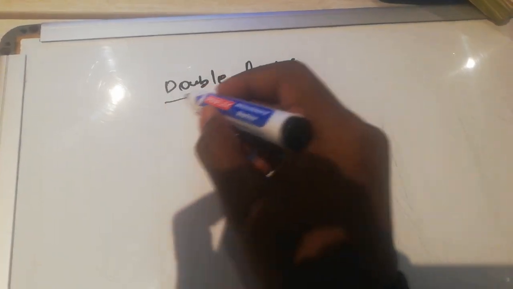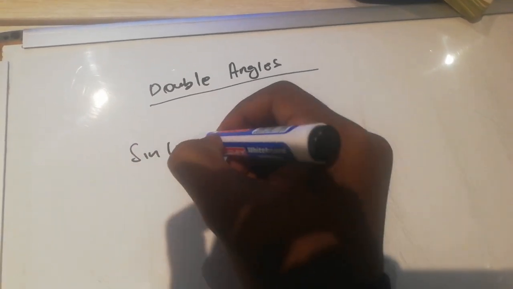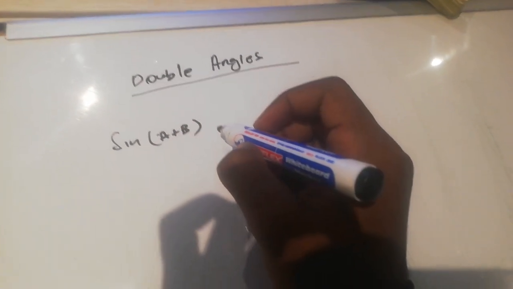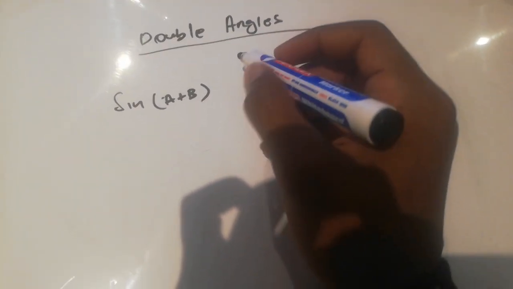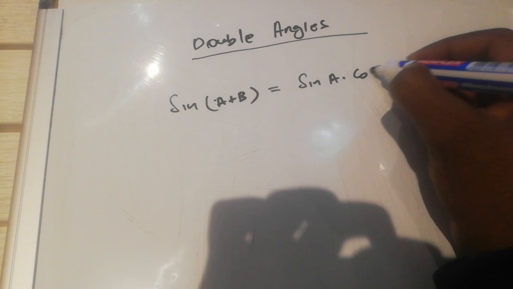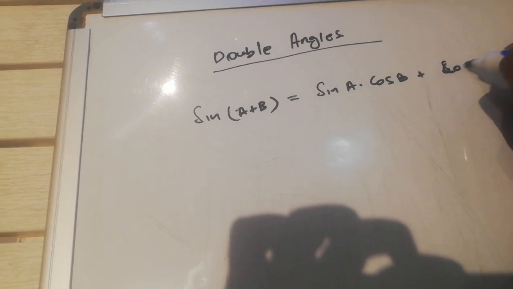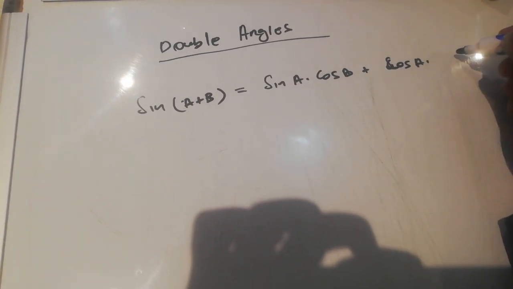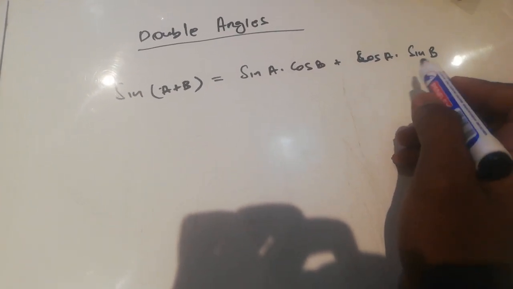So we were doing compound angles, meaning angles of this form, A plus B. In our sine we had an A plus B. That means two different angles, which we agreed would be sine A times cos B plus cos A times sine B. Since we have a sine A, we need a cos A here, and because we have a cos B, we need a sine B this side.